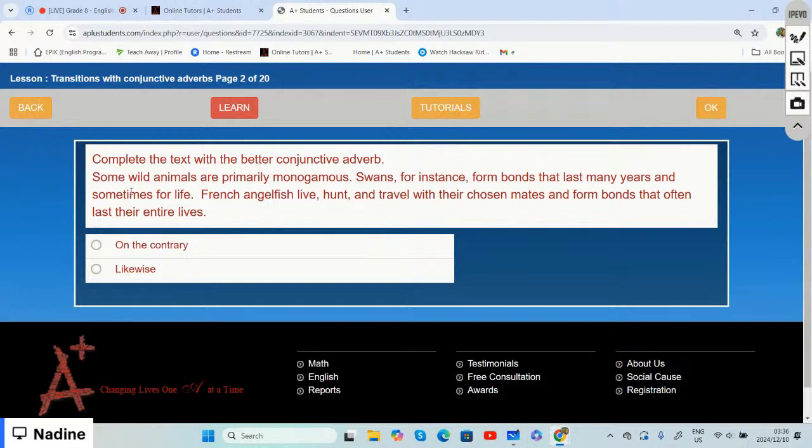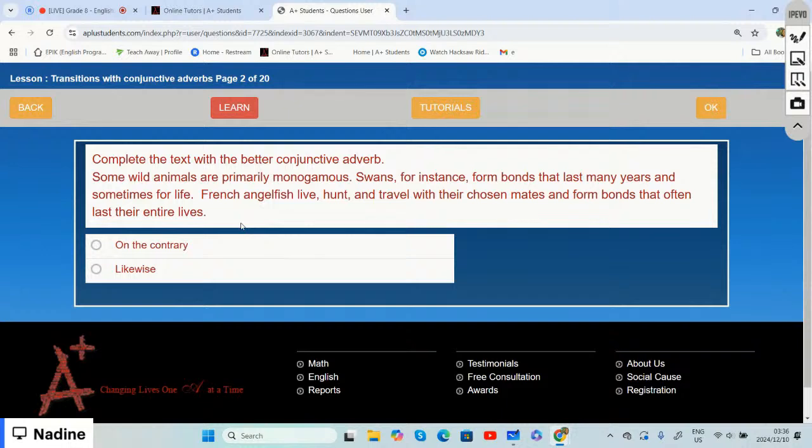So it says some wild animals are primarily monogamous. Swans, for instance, they form bonds that last many years and sometimes for life.